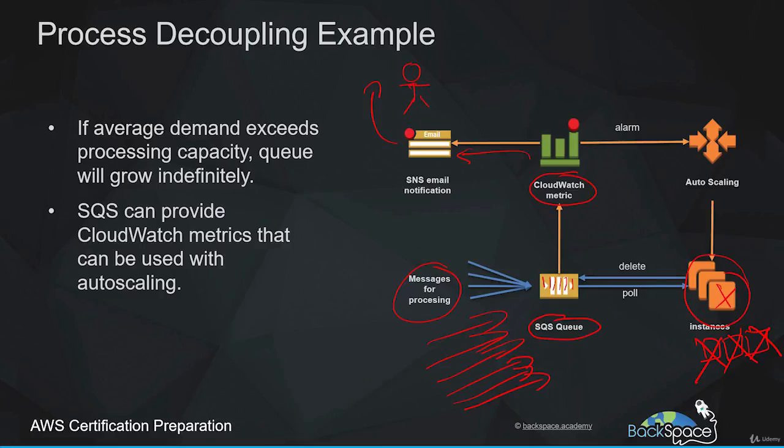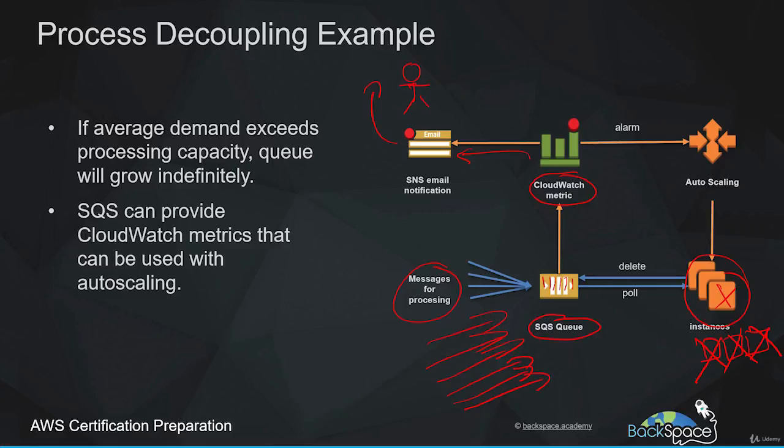Now, normally we would use a metric on the instances to signal that those instances are overloaded and we need to increase our capacity of our auto-scaling group. In this situation, that's probably not going to happen because these messages are just going to build up in the queue. And so we need a way of notifying the auto-scaling service that the queue is increasing.